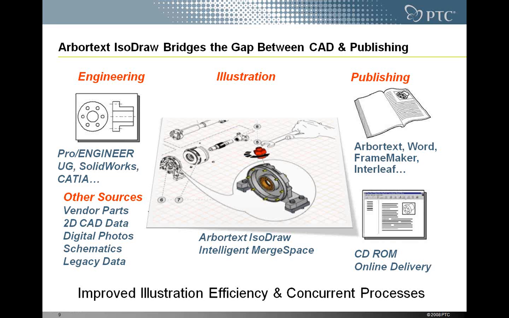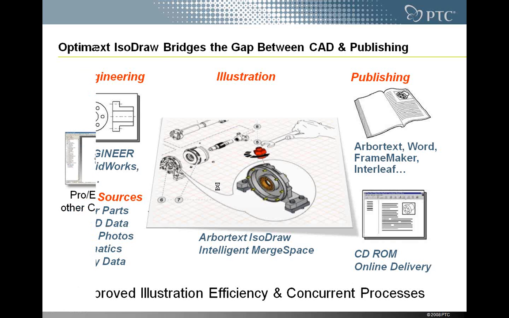So you don't have to be the master of many different tools out there to do this stuff. You can do all of it inside of IsoDraw, and of course you're able to have an associative link back to this design data because engineering will make changes, but you don't have to redo this work all over again. You can actually have it updated automatically.